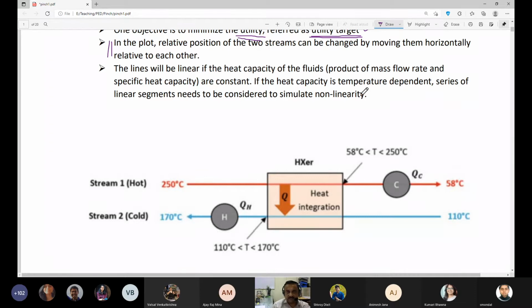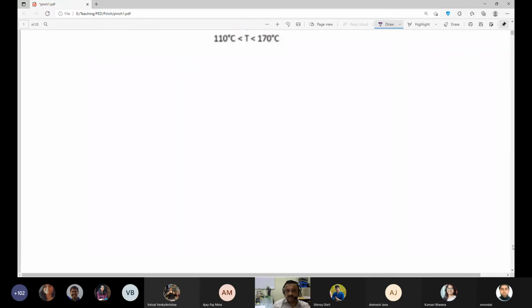So you have to consider a series of linear segments instead of a single line, to simulate non-linearity. In case this non-linearity is significant, one needs to look into this in the temperature versus enthalpy plot.